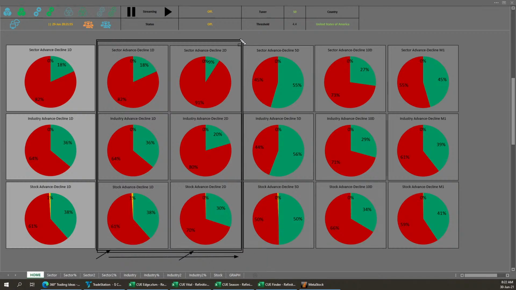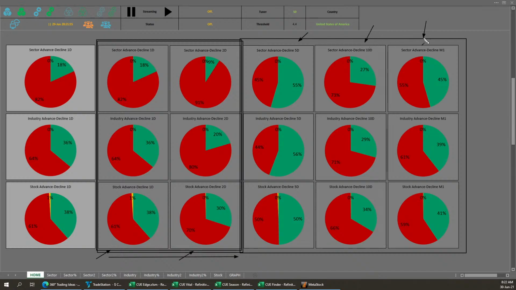And now if you look further away, take a step back, the 5-day period is also more bearish than it was in the weekend roundup. So is true for the 10-day and 1 month period. Once again, though 1 and 2 day periods are flip-flopping between red and green, the red colors seem to be propagating across sectors, industries, stocks from left to right.